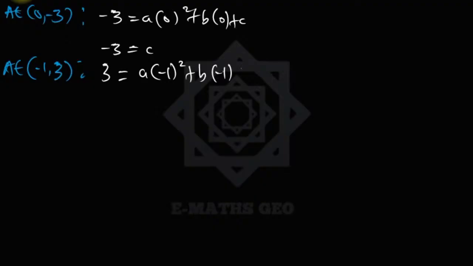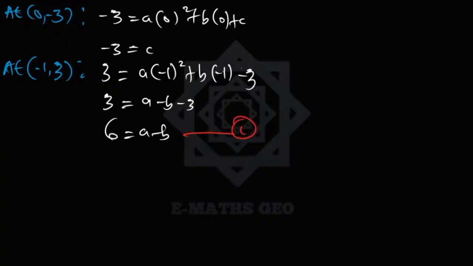Instead of writing plus c, we now replace it with minus 3. Are you seeing why I had to get c first before any other? So this is 3, this is a, this is minus b, this is minus 3, making the equation 6 equals a minus b. Let's call that equation 1.